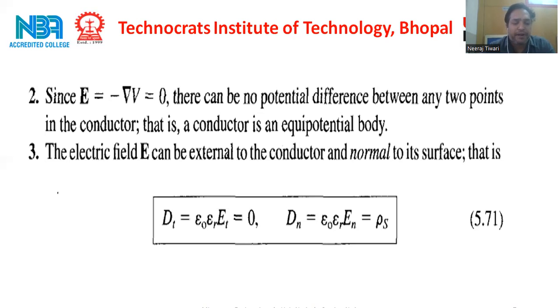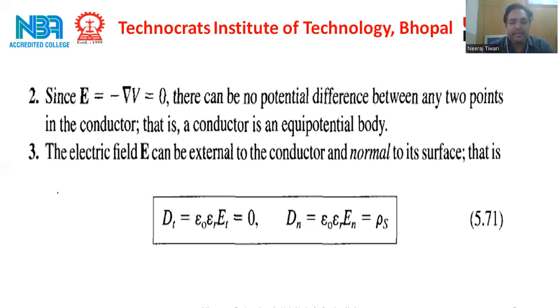Now the third point can be concluded as we have derived: Dt is equal to 0. As we know that D is equal to epsilon into E, and epsilon can be written as epsilon naught into epsilon r, the equation becomes D is equal to epsilon naught into epsilon r into Et, which is equal to 0. For the normal component of electric flux density, epsilon naught into epsilon r into En is equal to rho s.